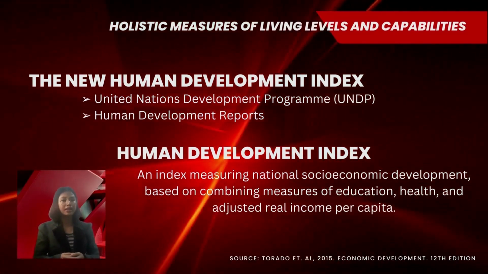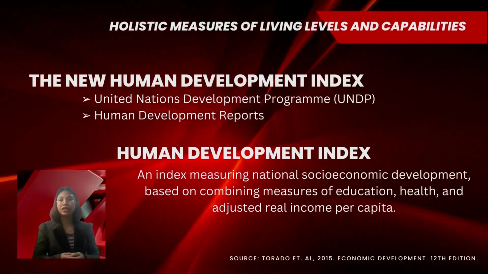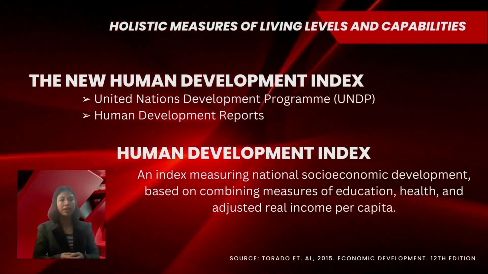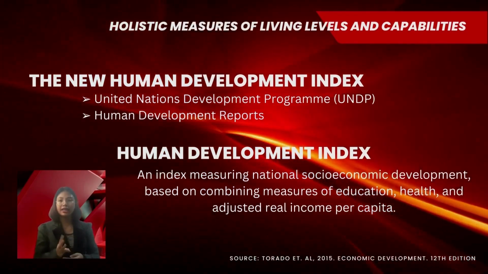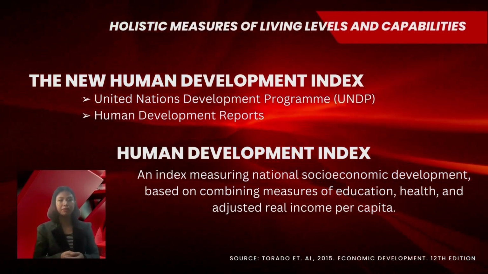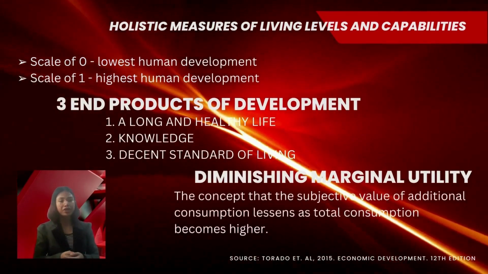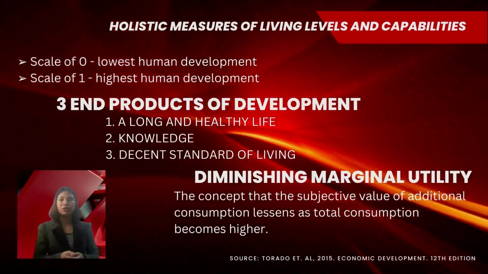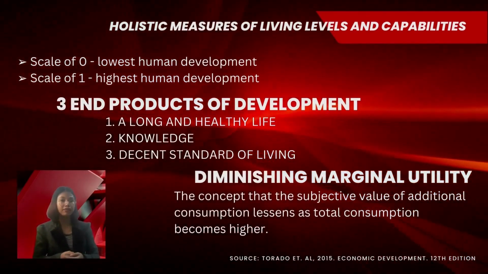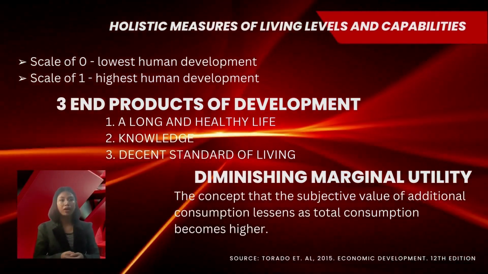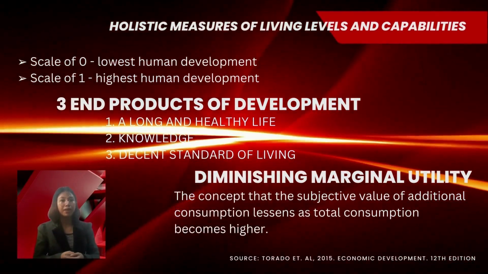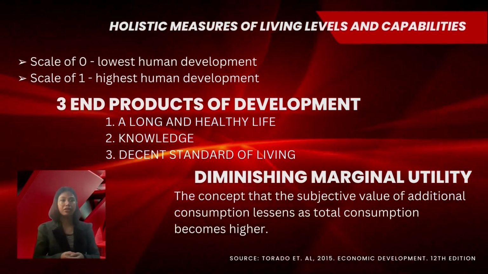The Human Development Index is an index measuring national socioeconomic development based on combining measures of education, health, and adjusted real income per capita. The new HDI, like its predecessor, ranks each country on a scale of 0, lowest human development, to 1, highest human development, based on 3 goals or end products of development.